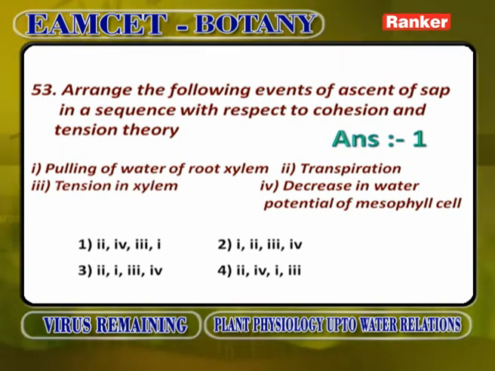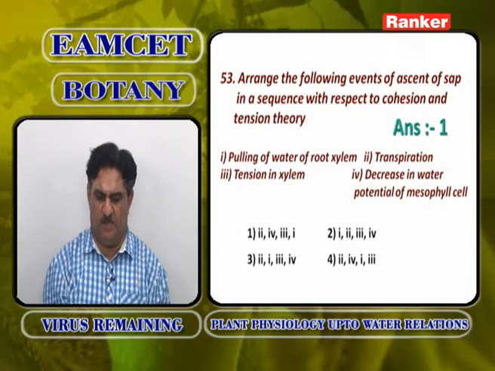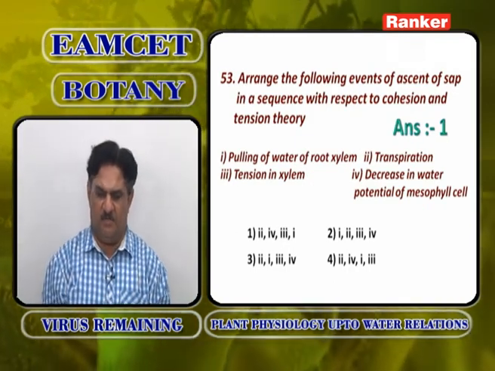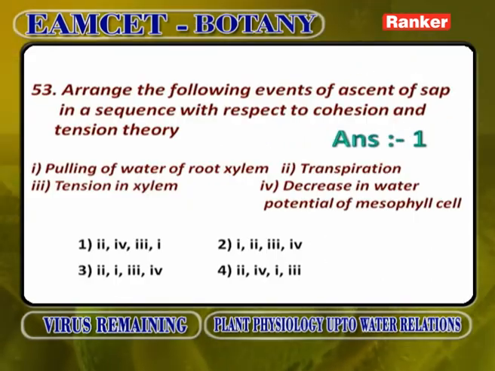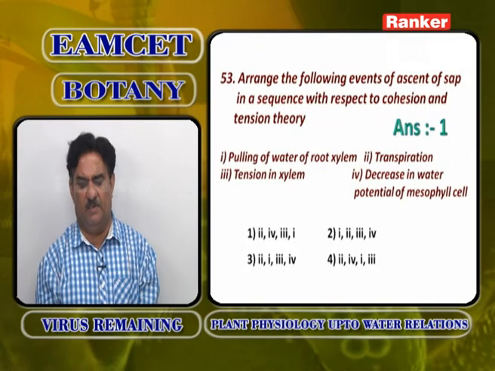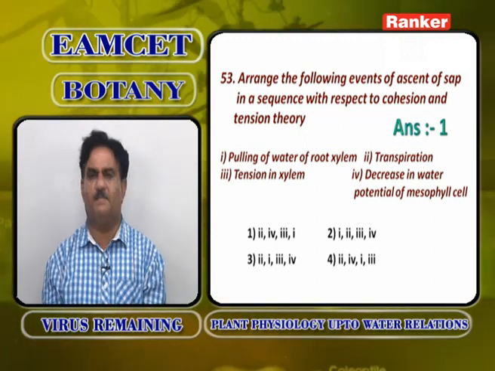First is always transpiration. Loss of water creates pressure to absorb water. Next is decrease in water potential of mesophyll cells. Whenever water is lost from the mesophyll cells of leaves, a water potential gradient is formed. That gradient is transported to the stem, and from the stem to the root. Then the root absorbs water.